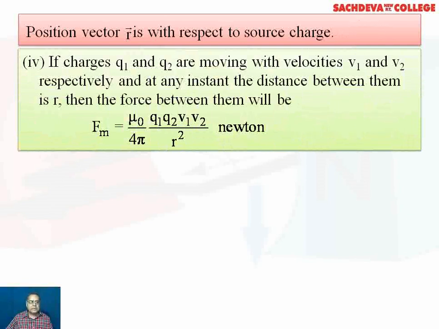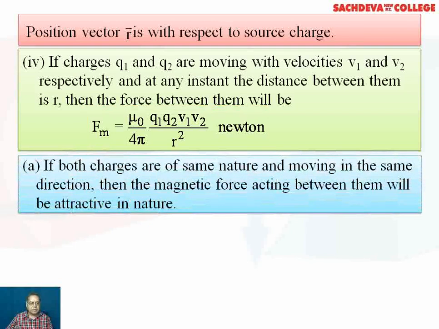The fourth point is that if charges Q1 and Q2 are moving with velocities V1 and V2 respectively, and at any instant the distance between them is R, then the force between them will be Fm is equal to mu naught over 4 pi Q1 Q2 into V1 V2 divided by R square newtons.